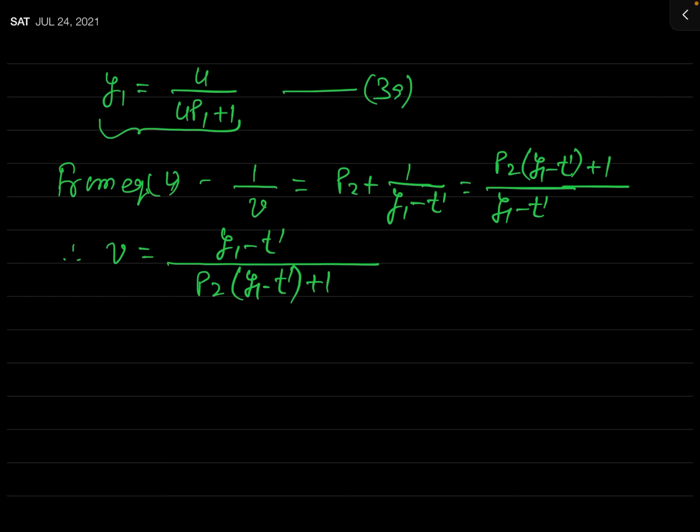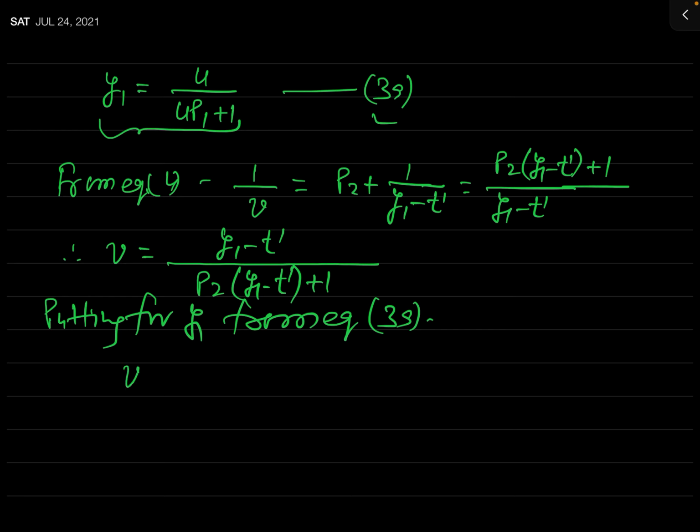Now substitute this value of y1 from equation 3a in this equation. So putting for y1 from equation 3a, what will be your result? You can see v will be y1 minus t prime over p2 times y1 minus t prime plus 1.